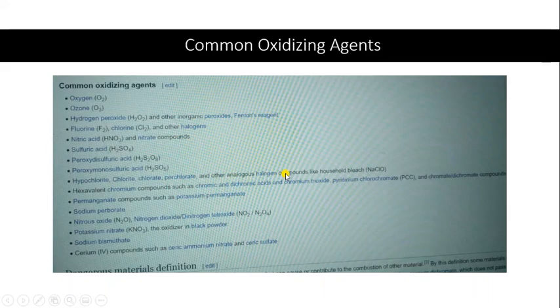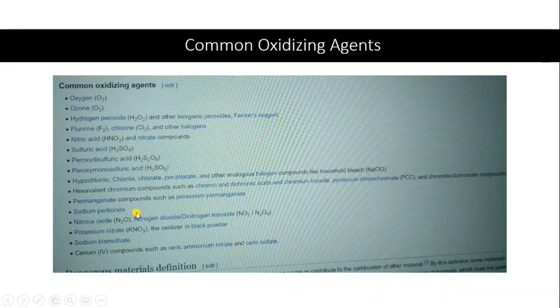Similarly, the hexavalent chromium compounds such as chromic acid or chromic trioxide can be used as oxidizing agents. Similarly, permanganate compounds such as potassium permanganate can be used as the oxidizing agent.